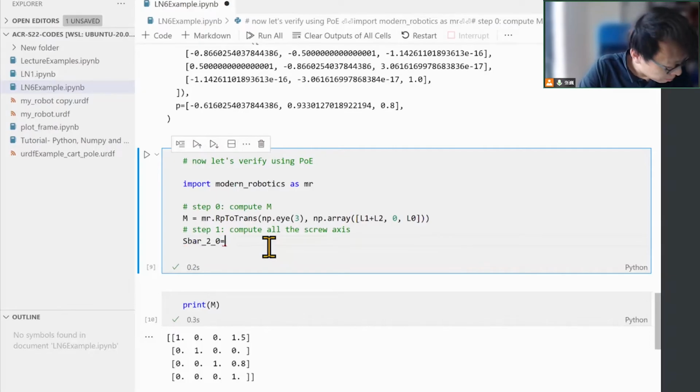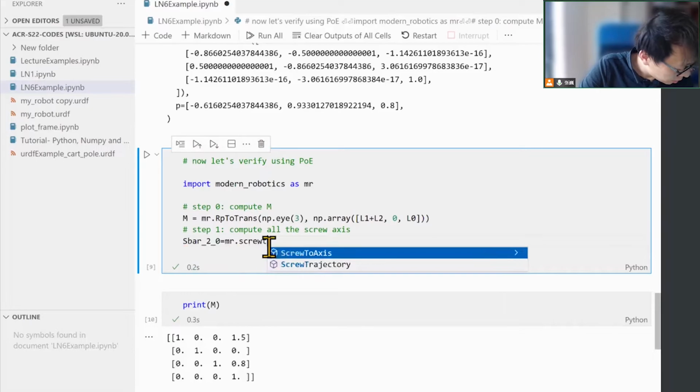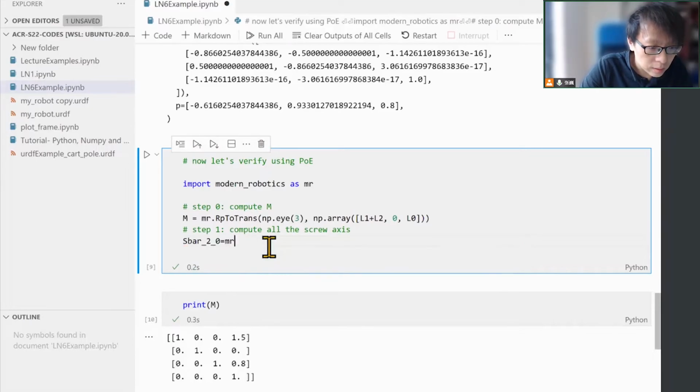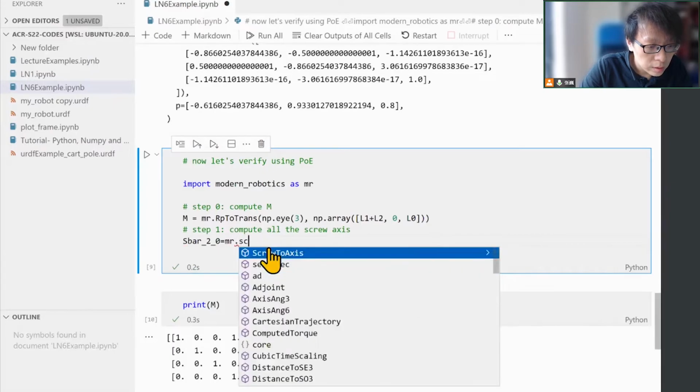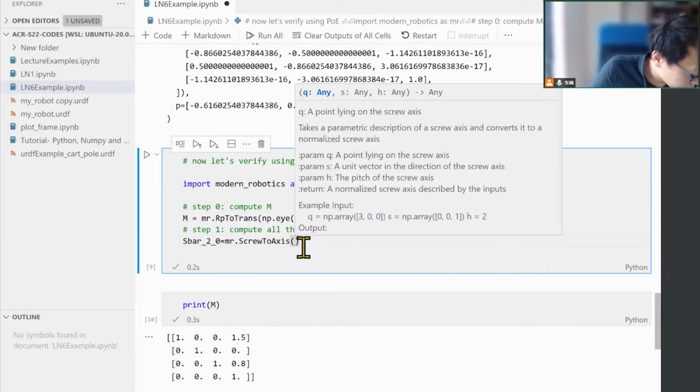It's Modern Robotics screw 2 axis. Basically, you tell it Q, you tell it the S direction, and the pitch is 0, then it will tell you the corresponding screw axis. We computed it already, but we can verify that again.